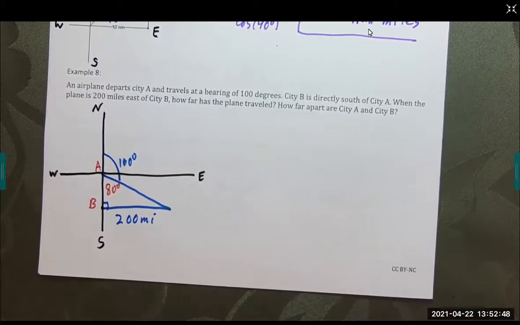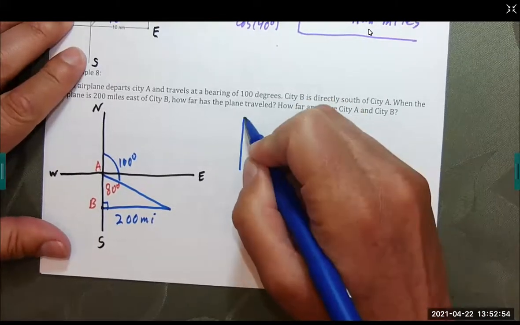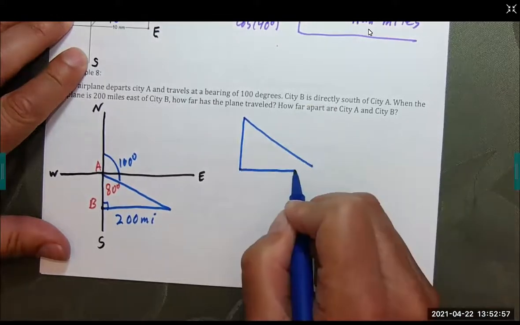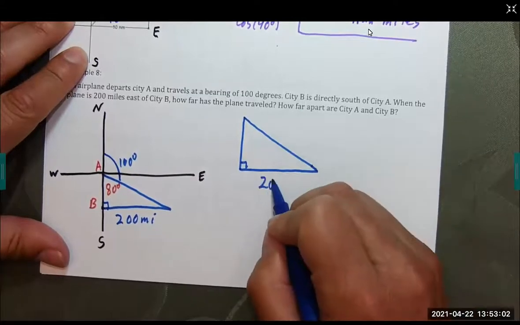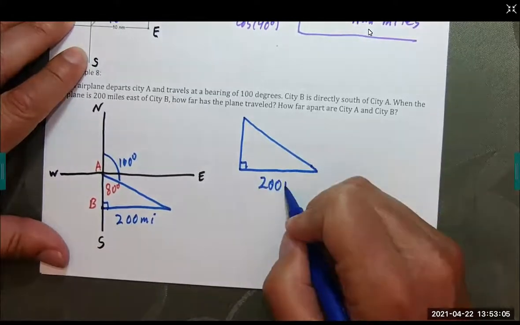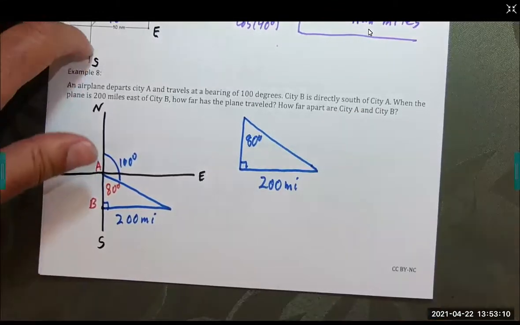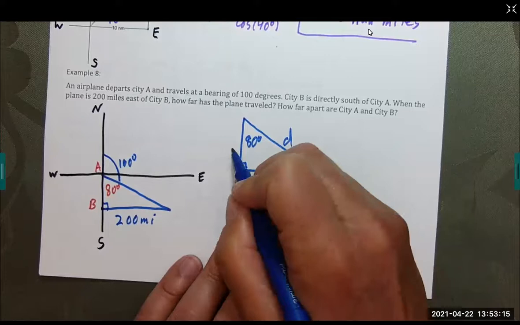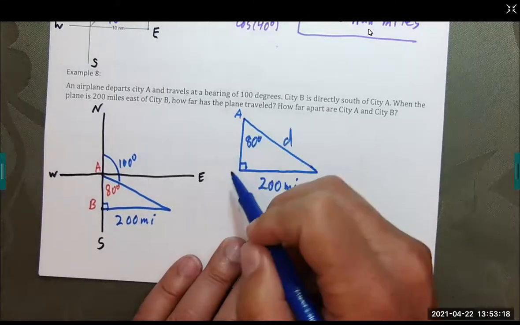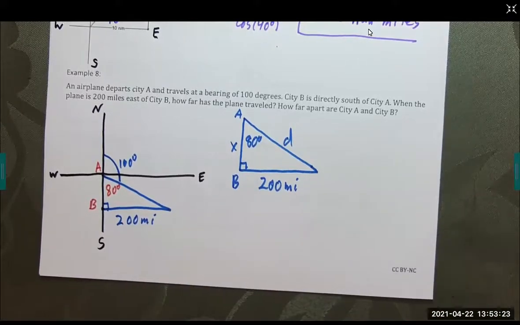So I'm going to redraw the triangle a little bit bigger. And this is 200 miles. This one is 80 degrees. And we want to know two things. We want to know how far the plane has traveled, D, and we want to know how far apart the two cities are. This is A, this is B. Let's start with the first question. How far did the plane travel?